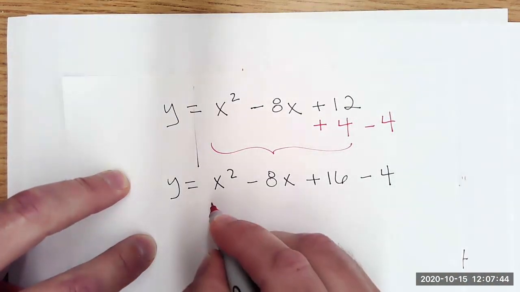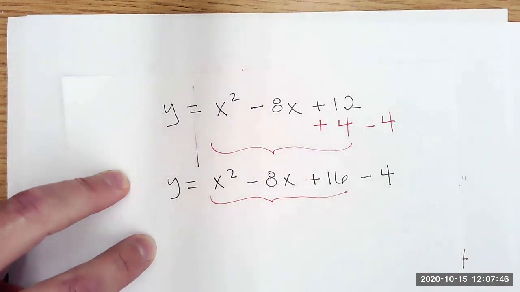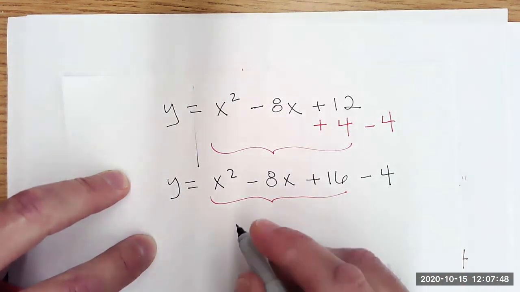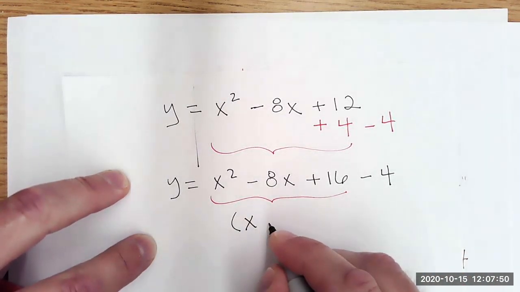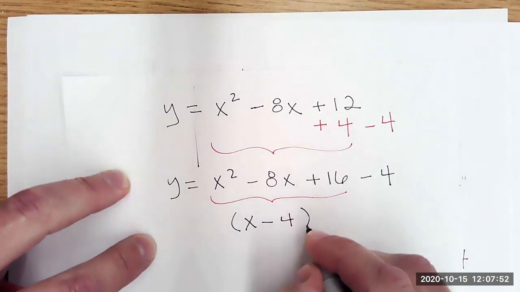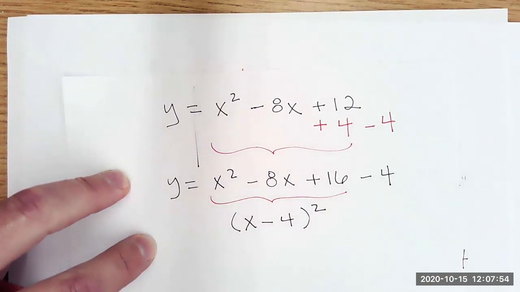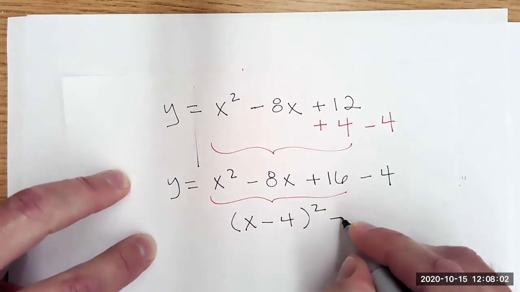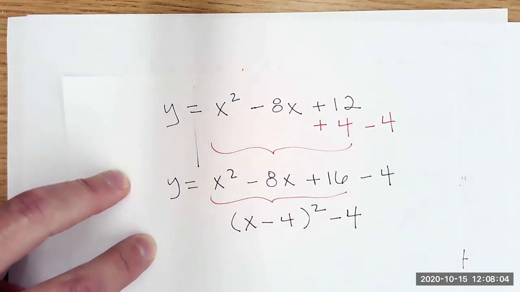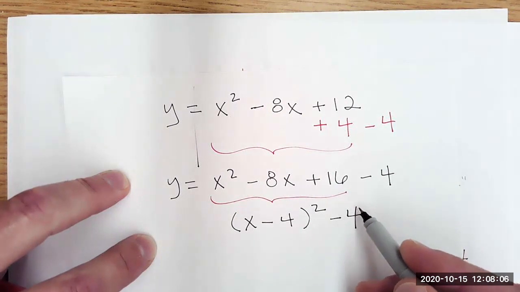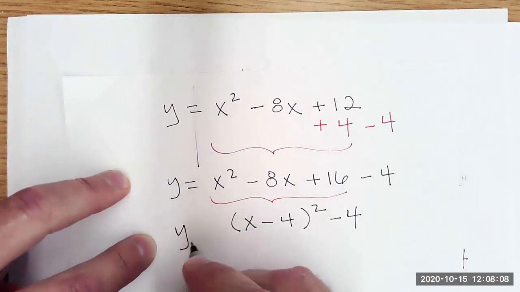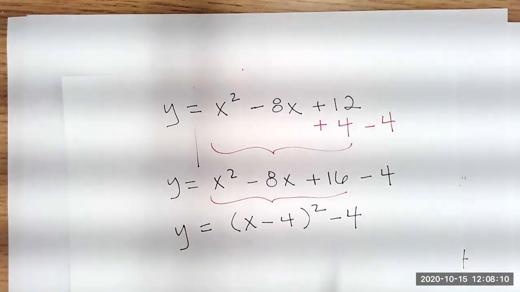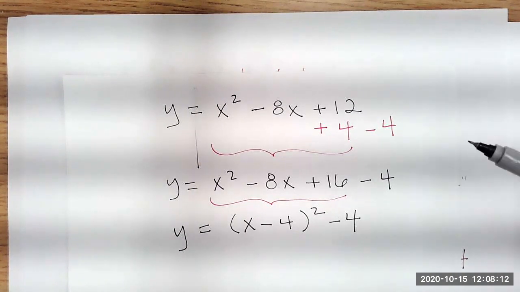I can rewrite the trinomial, which is now a perfect square trinomial, as x subtract 4 squared, the sum of negative 4x plus negative 4x, negative 8x, negative 4 squared is 16, subtract 4. That is vertex form.